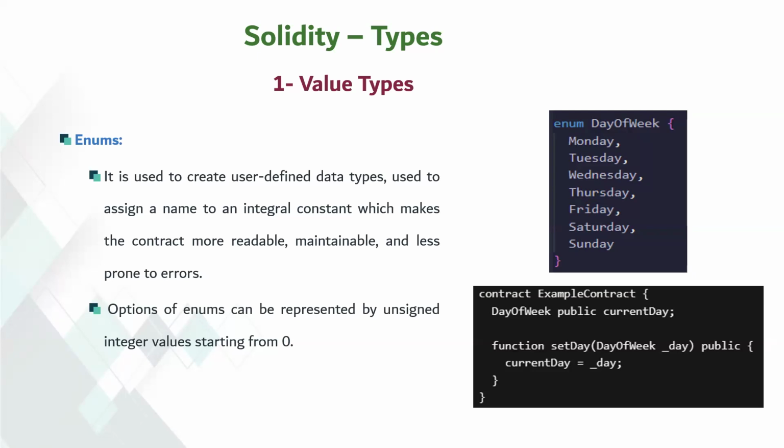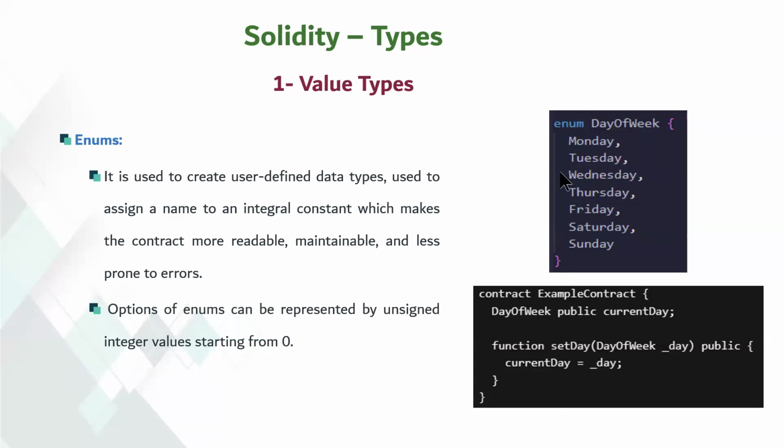An enum declaration defines a new type, and its options represent the possible values that a variable of that type can take. The options of an enum are represented by unsigned integer values starting from 0 and incrementing by 1 for each subsequent option. Here is an example of how to define and use an enum in Solidity.